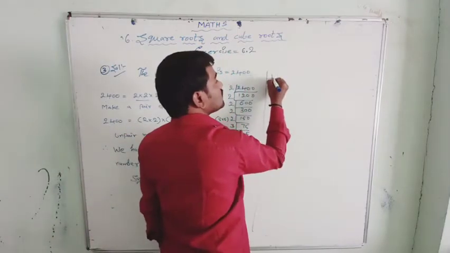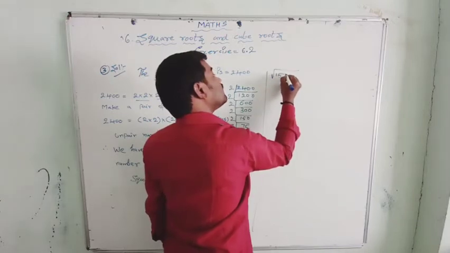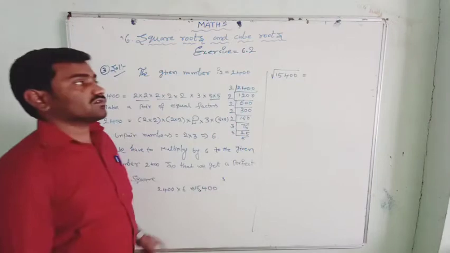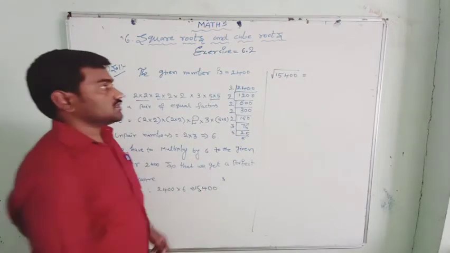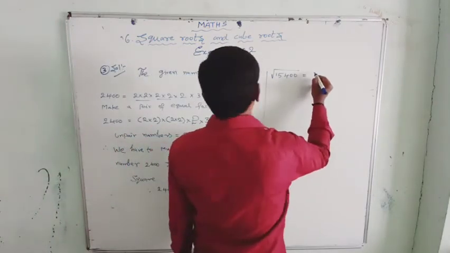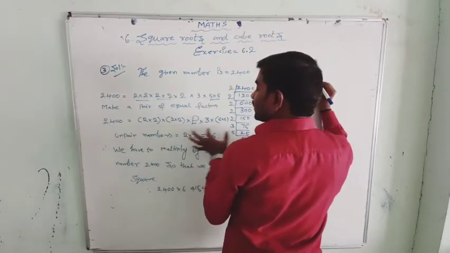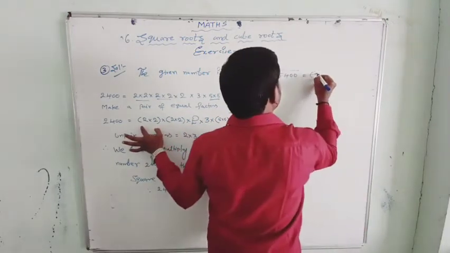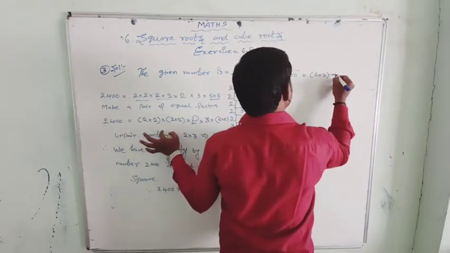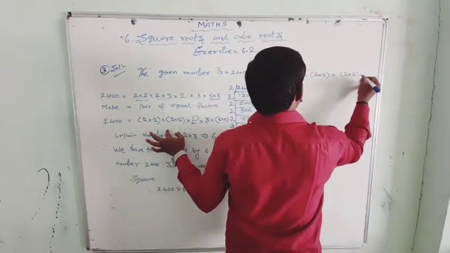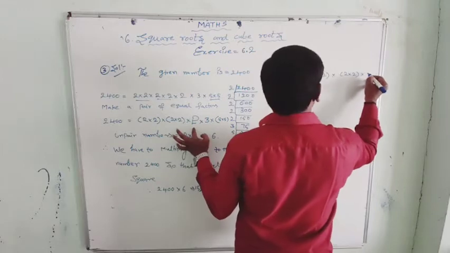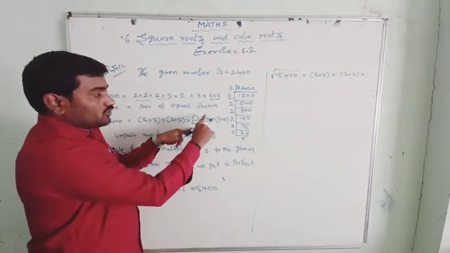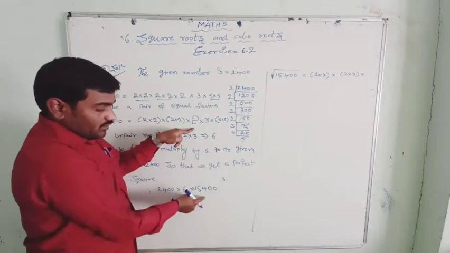How can we find the square root? Simple. Here we have to make it a pair: into 2 into 3 left. We already have 2 into 2. If you factorize this, you get the same. Into 6 we have already done, that means into 2 and into 3, so we got this.